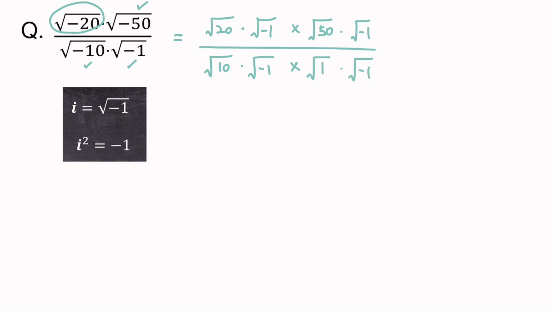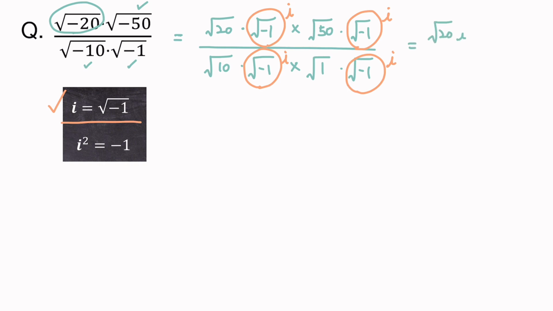Then the next step is to turn all of these square roots of -1 into i's, because the square root of -1 is equal to i according to my cheat sheet right here. So let's rewrite using i's. I have the square root of 20 i times the square root of 50 i over the square root of 10 i times just i.